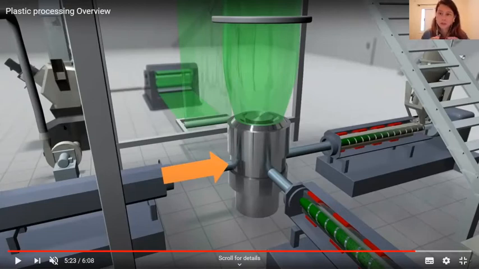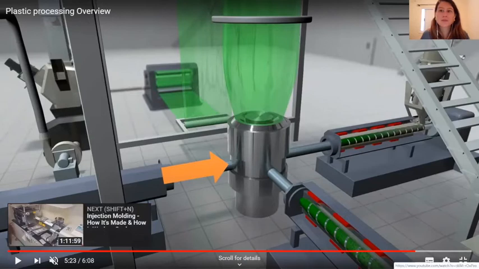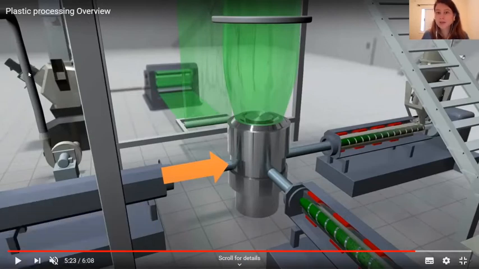So each extruder will produce a cylindrical tube, and we have pressurized air that is blown inside the tube, and this enables us to increase the diameter of this tube and to create a bubble.